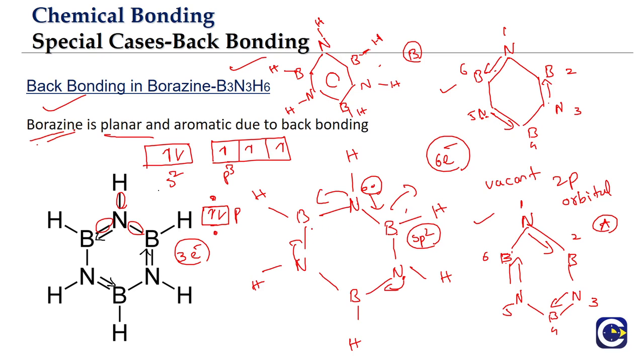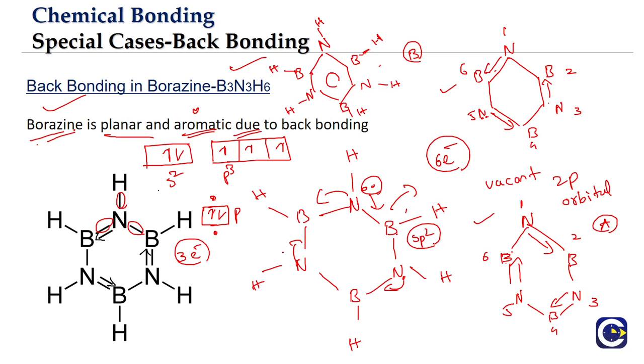Nitrogen is sp2 hybridized and boron is also sp2 hybridized. So borazine is not only a planar molecule, it will also have aromatic nature because of the resonance inside the ring. And in organic chemistry we will talk about the other conditions required for a compound to have aromatic nature. So planar condition is one.